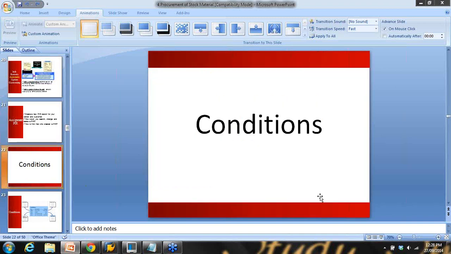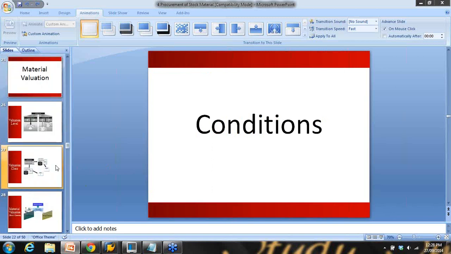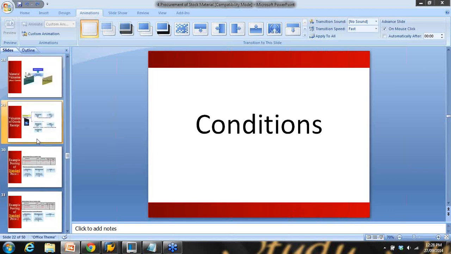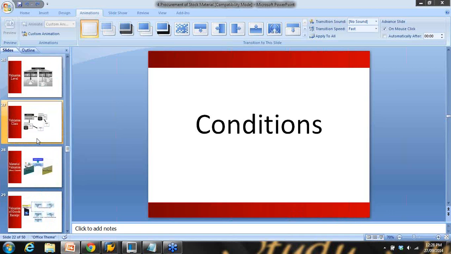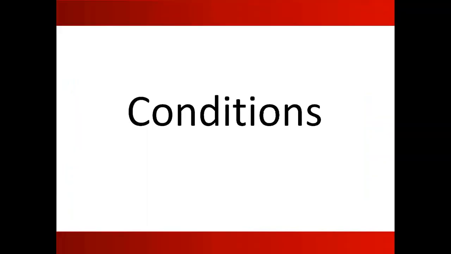Okay, so within this topic now we'll start our next topic, which is condition. Okay, all the topics from here on are more theoretical and less practical. So let's start conditions. What is conditions?